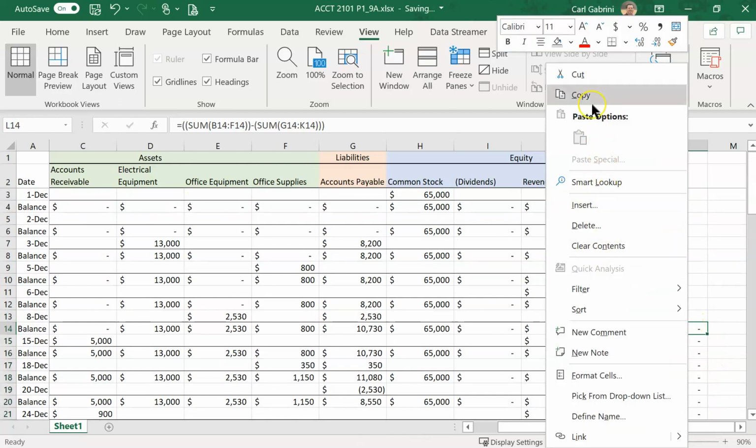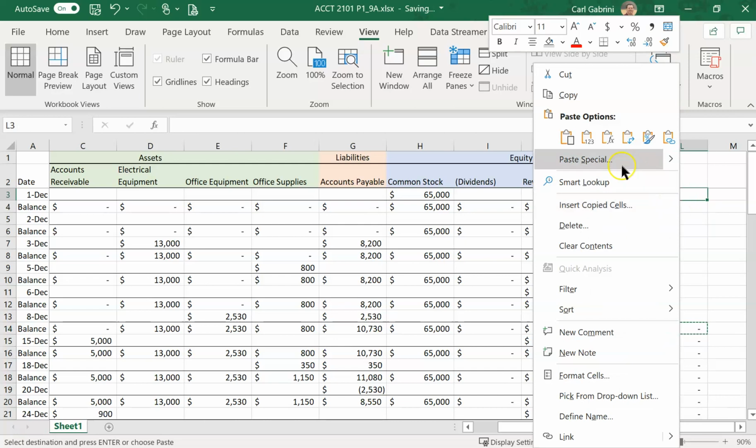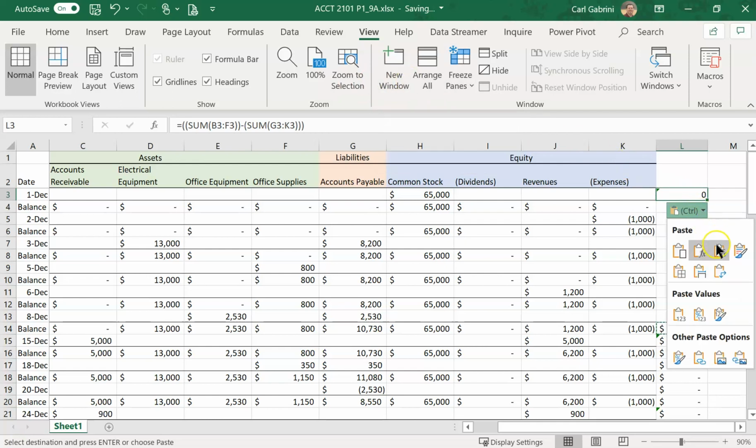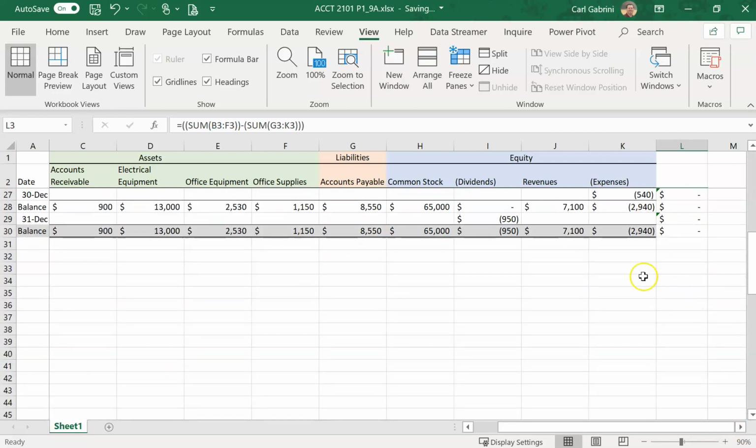You can copy, paste the formula here. Paste the formula and number format, because we want the same. And then drag down, bada bing. So there, that's what it would look like for you if you were to have this as a way to check. It should all be zeros across the bottom.